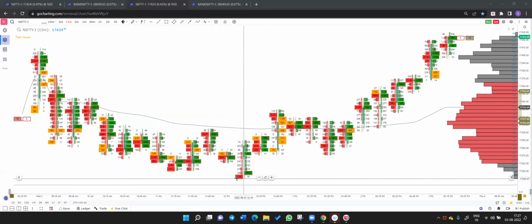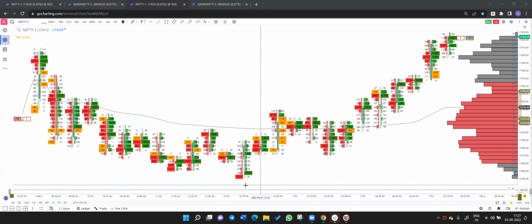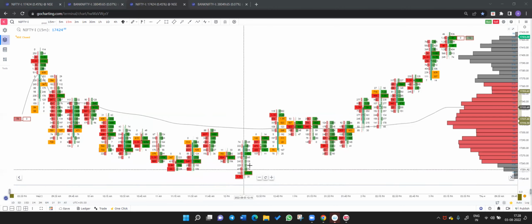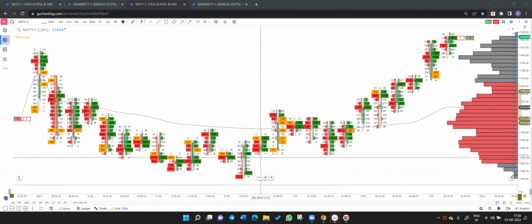In such cases, that's my whole point, you wait for one more block to form, that is 5 more points, from 17,240 to 17,235, and you put on a short trade, and vice versa for longs. Even in such a case, you would still be successfully putting a long trade somewhere between 17,250 and 17,260, which is just picking the lows of 10 points.